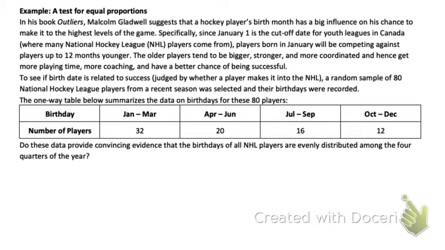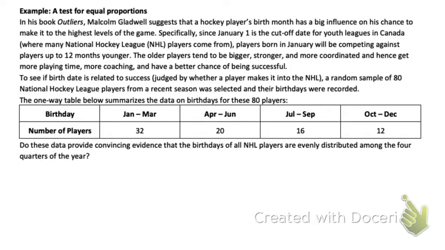The older players tend to be bigger, stronger, and more coordinated, and hence get more playing time, more coaching, and have a better chance of being successful. To see if birth date is related to success, judged by whether a player makes it to the NHL or not, a random sample of 80 NHL players from a recent season was selected, and their birthdays were recorded. The one-way table below summarizes the data on birthdays for these 80 players. Do these data provide convincing evidence that the birthdays of all NHL players are evenly distributed among the 4 quarters of the year?